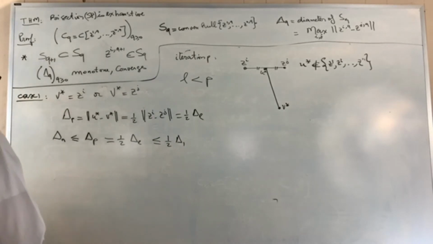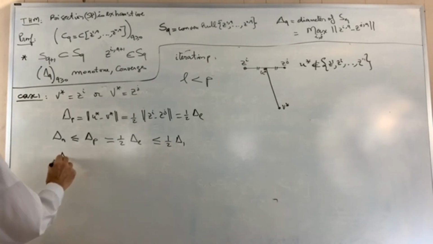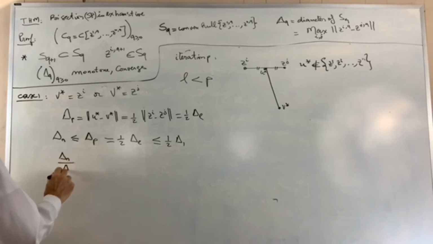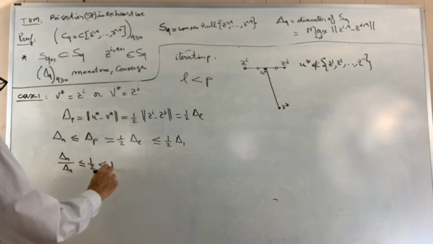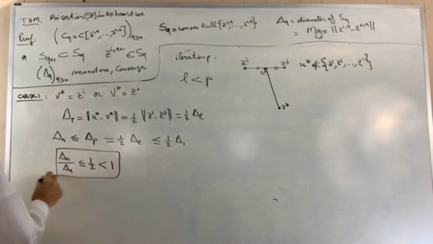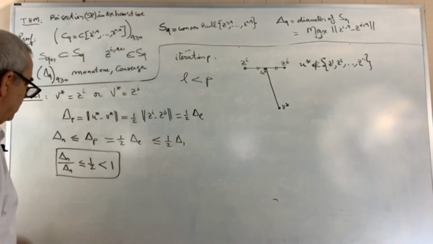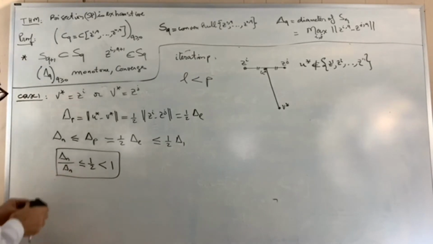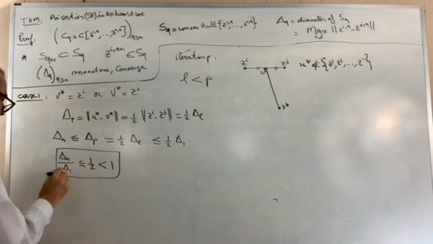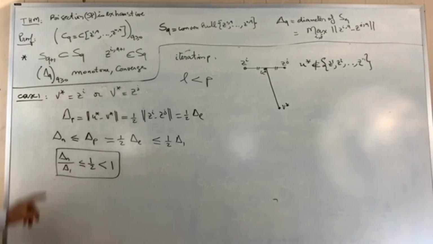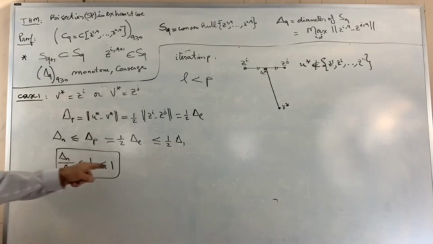So therefore, delta N over delta 1 is less or equal to half, which is strictly less than 1. Remember the trick of calculus. So I showed this is delta 1. Sorry. Okay. After n iterations, the ratio is less than half.